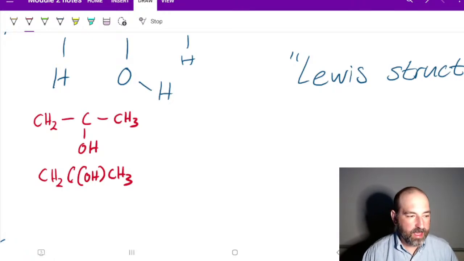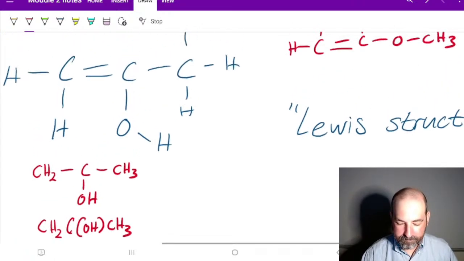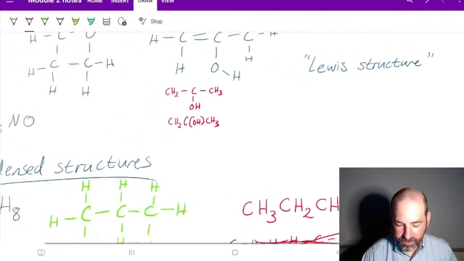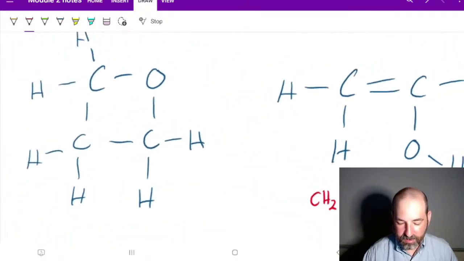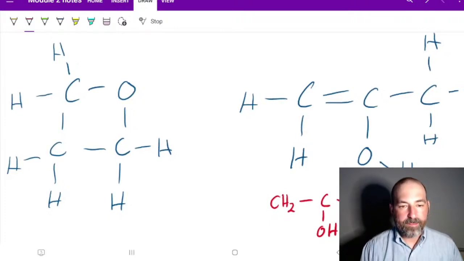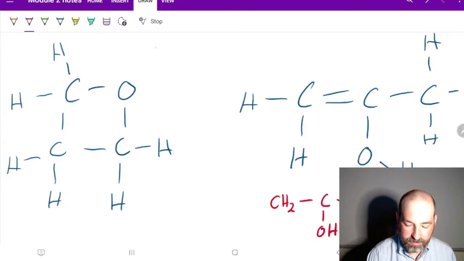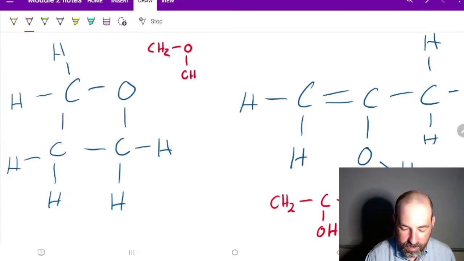So then let's look at where it doesn't make sense to smush it. Let's take a look at this kind of square ring looking one. If we want to make it a condensed structure, we can still condense the hydrogens and we can go CH2O, CH2, CH2 like that.